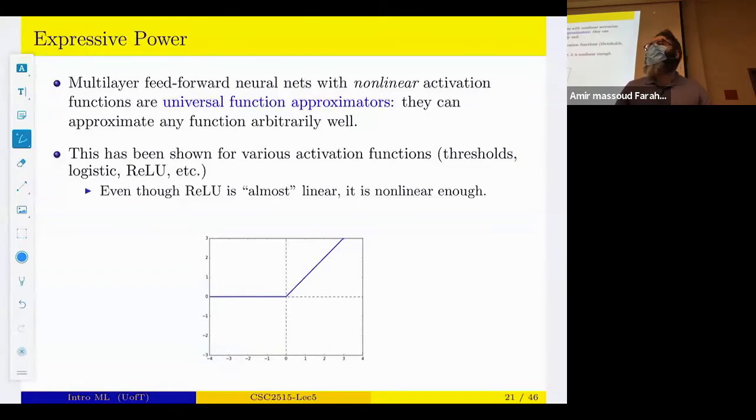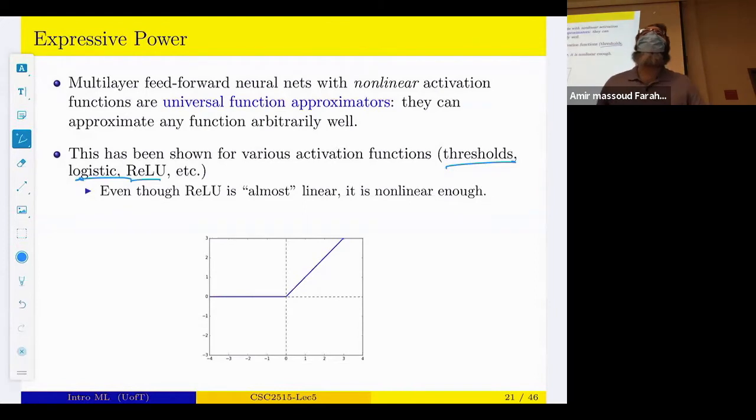For any continuous function, you can find a neural network with a certain architecture that is epsilon close to that function, in some specific sense that can be defined. There are different ways to define it, but the point is that they can approximate that function very well. This has been shown for various activation functions like thresholds, logistics, ReLU, and many others.